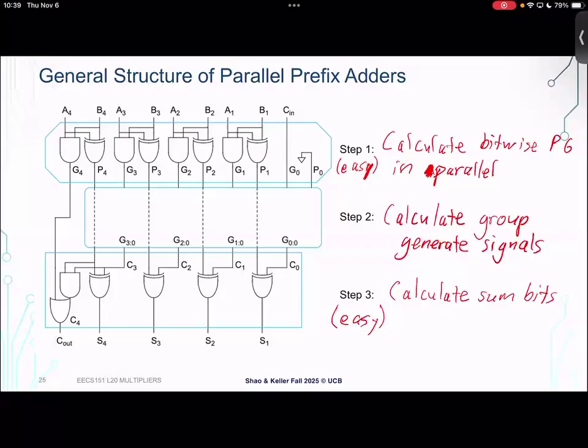And this is the tricky bit. This is the part where there's lots of room for optimization and different optimal design points, multiple different solutions based on whether you're trying to optimize for power, performance, area. Because there are many different ways to calculate these group generate signals in order to get the relevant collateral for the sums.